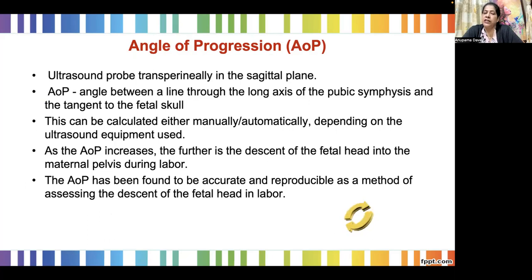As angle of progression increases, further is the descent of fetal head into the maternal pelvis during labor. So, higher the angle, better progress, better descent. Angle of progression has been found to be accurate and reproducible as a method of assessing descent of head in labor.